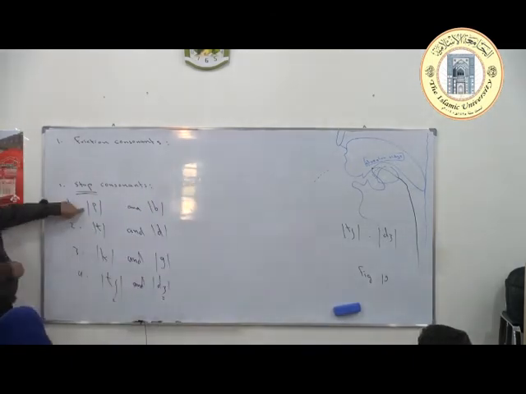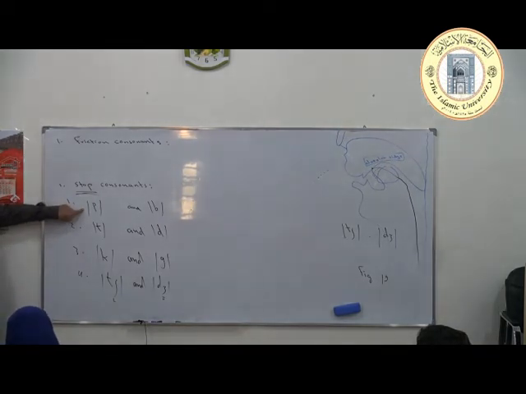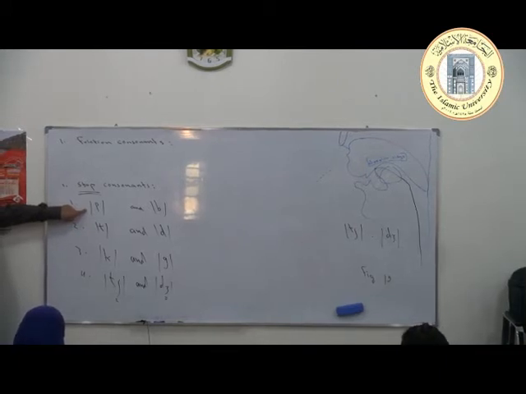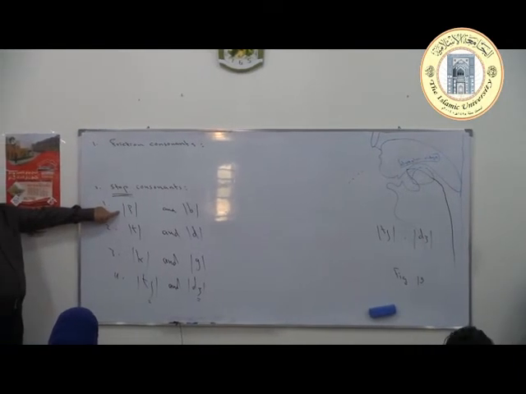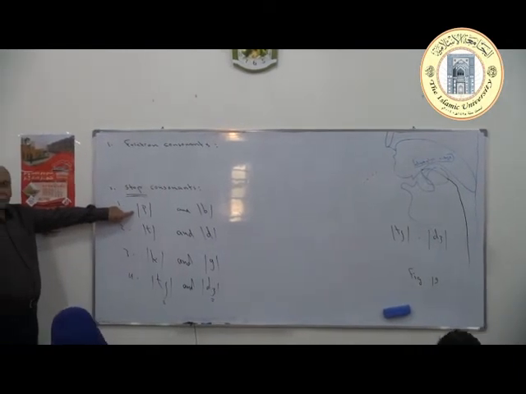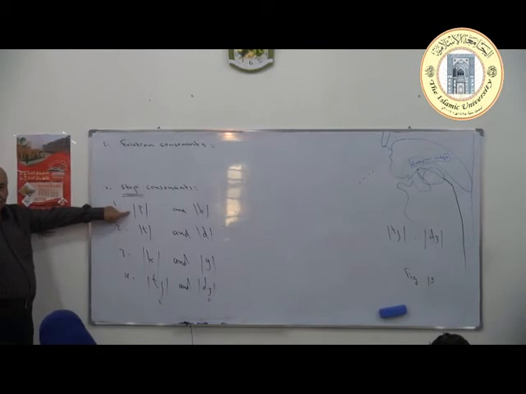Who can explain how we produce or articulate P and B? Yes. By the two lips against each other, and the result is P and B. Why do we call them stop consonants?